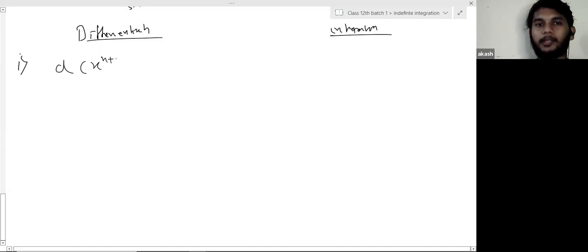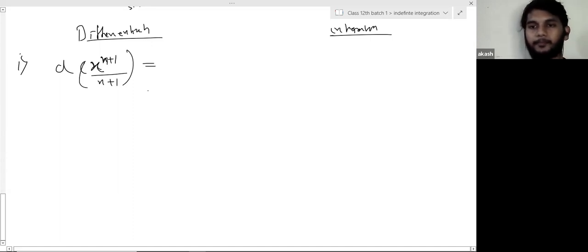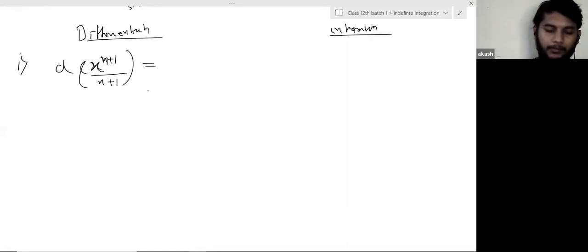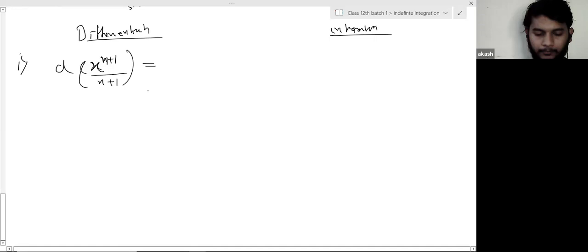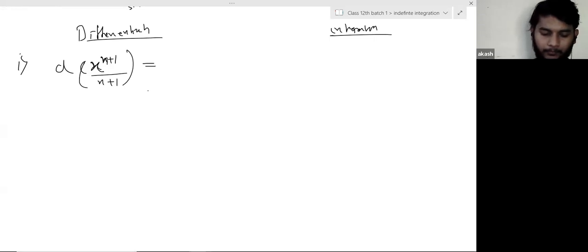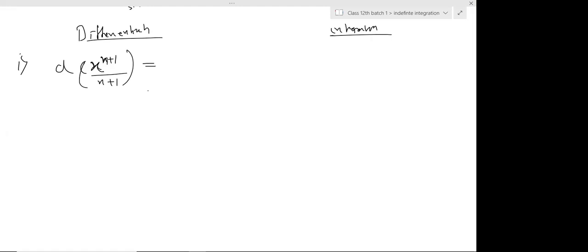Differentiation of x raised to the power n plus 1 upon n plus 1. Who can tell me the differentiation of x raised to the power n plus 1 upon n plus 1?